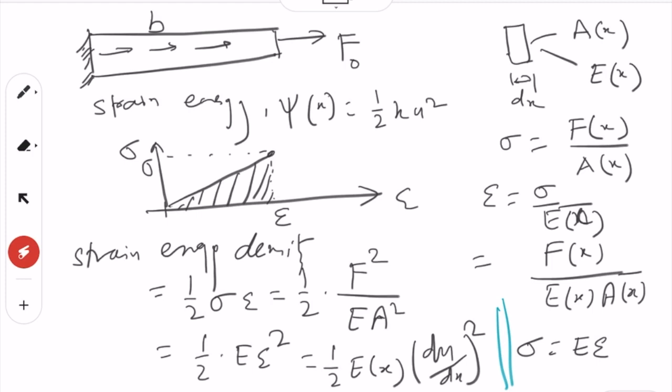For the total strain energy, we have to integrate. How? This expression is at every point, so we have to multiply by volume. The volume is Ax multiplied by dx. So what do we get?